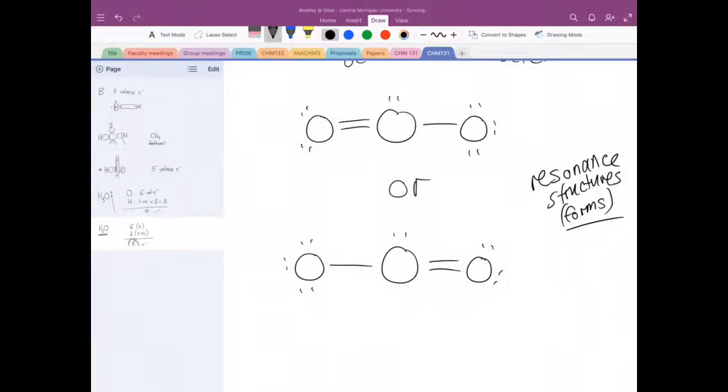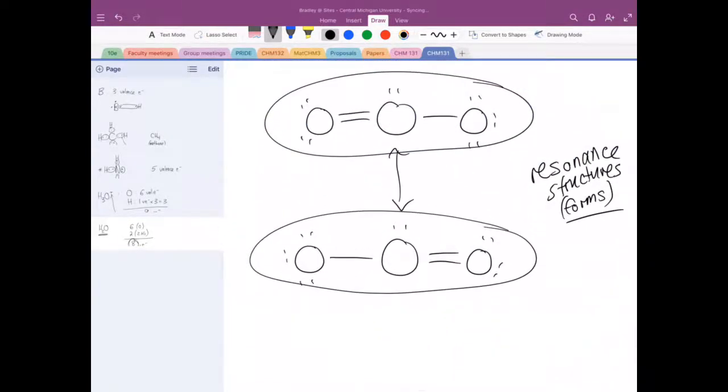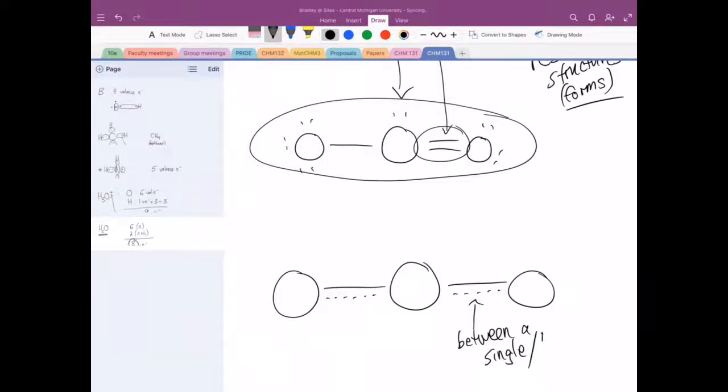And the way we normally indicate that is we just say with a double arrow that it either could be this one or this one. And the actual bond is somewhere between a single and a double bond. Sometimes we'll write the overall structure as this, which indicates that these bonds are sort of between a single or a double bond.